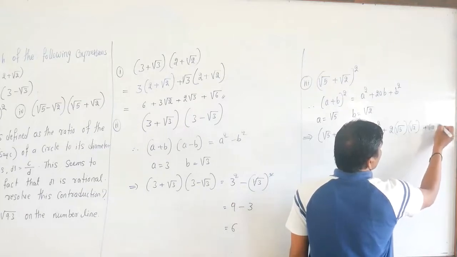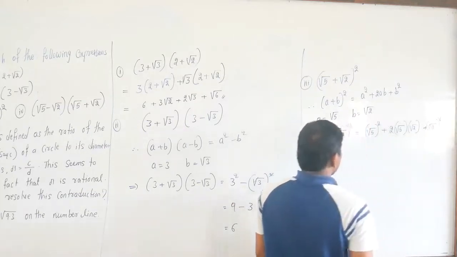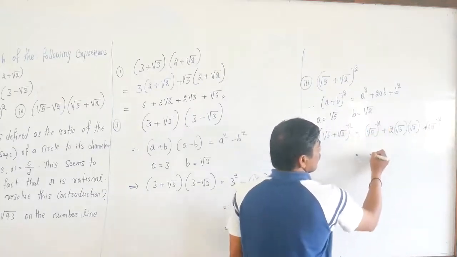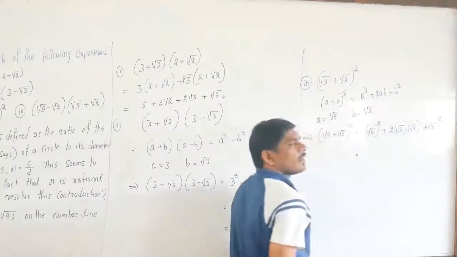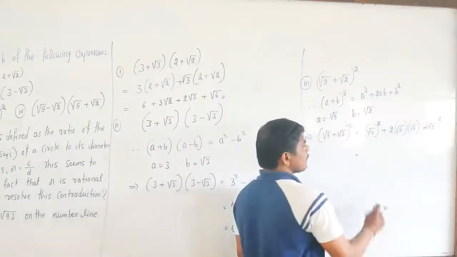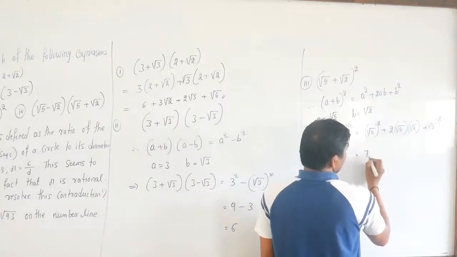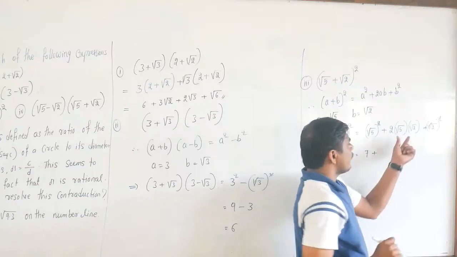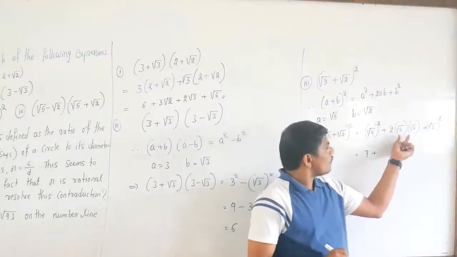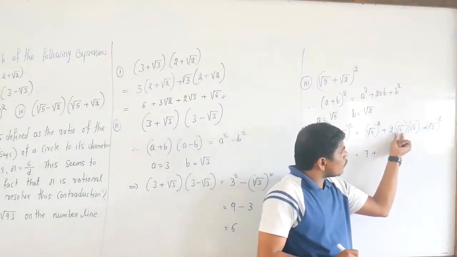Then you simplify, square and root get cancelled, and here also you take square and root get cancelled. Remaining terms are 5 and 2. 5 plus 2 is equal to 7, plus here you observe in the 2ab form, both are root 5 and root 2.